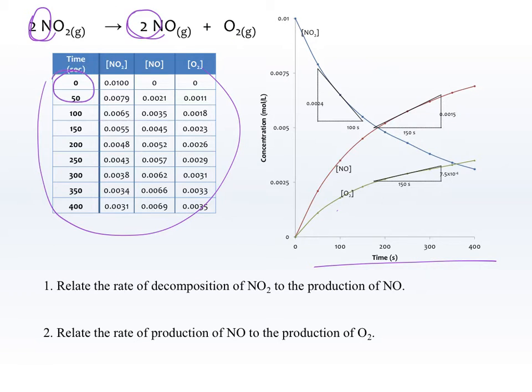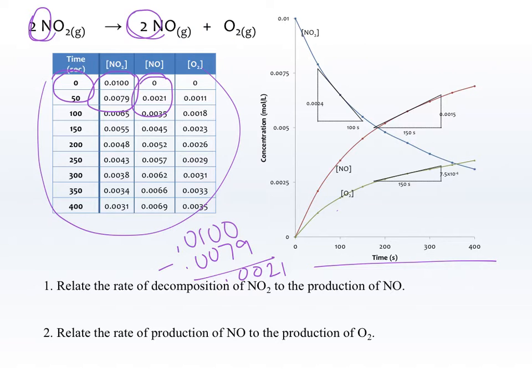Over the first 50 seconds, NO2 goes down by 0.0021. Let's see, 0.0100 minus 0.0079 equals 0.0021. And notice in the same amount of time, the NO goes up by 0.0021, showing that NO is produced just as fast as NO2 is decomposed.